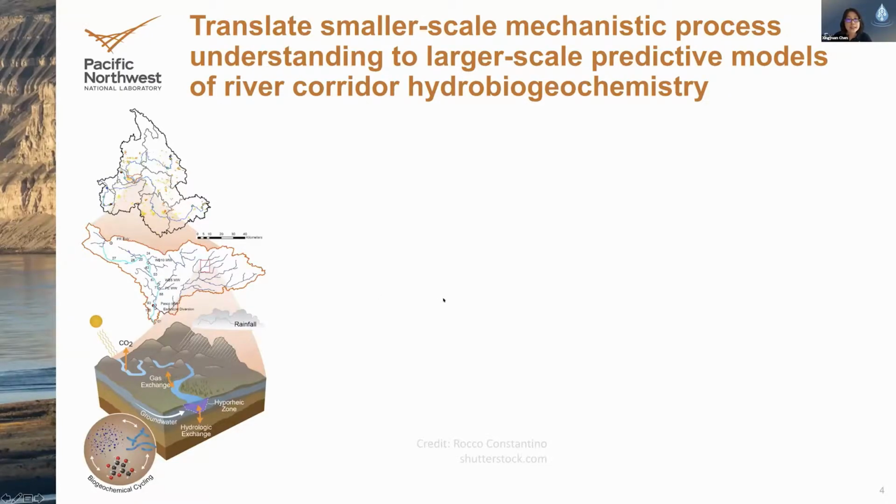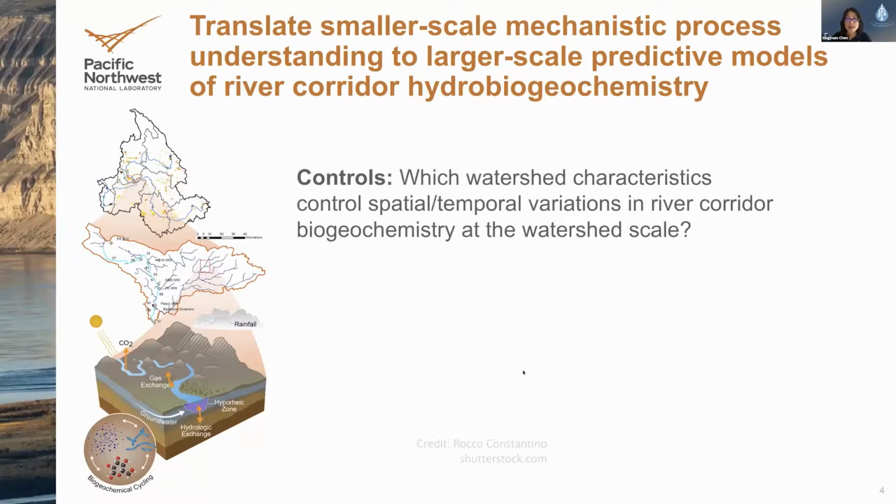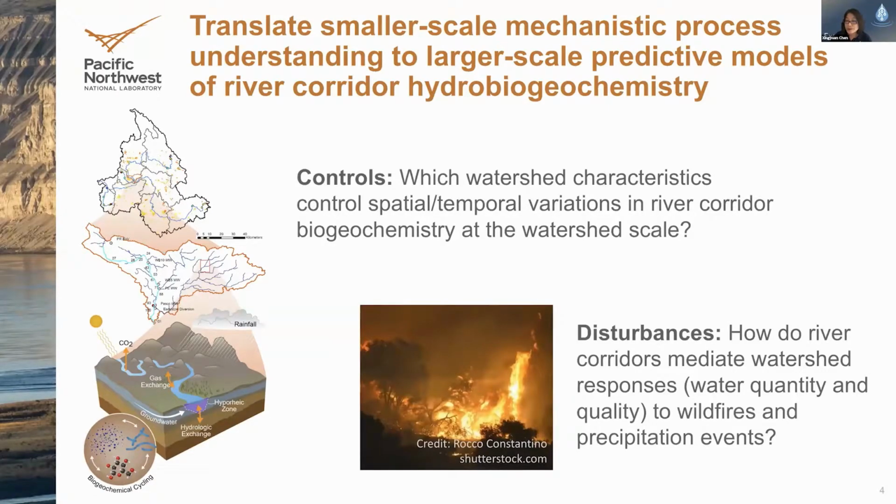With that knowledge in place, we can answer questions like what watershed characteristics control the spatial and temporal variations in river corridor biogeochemistry, and with disturbances like wildfires, how do the river corridors mediate the watershed responses in both quantity and quality to wildfires and precipitation events.